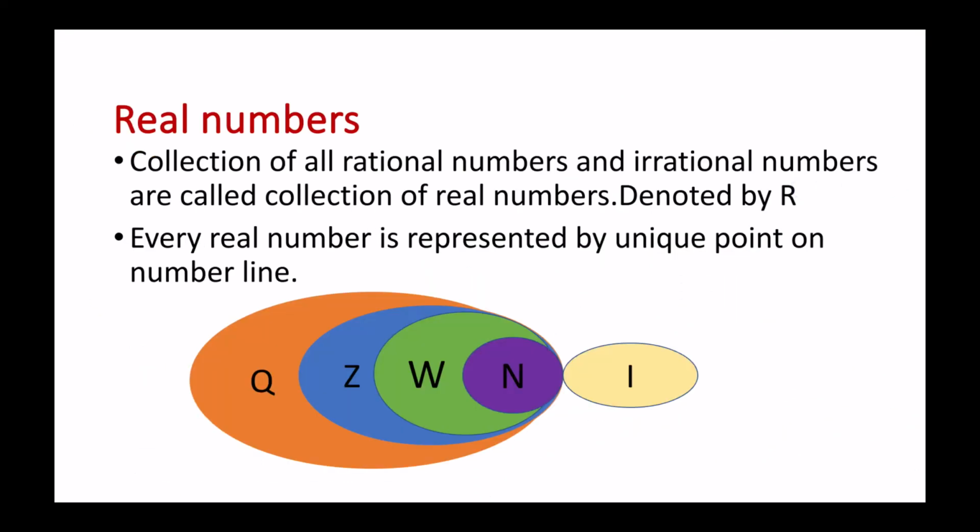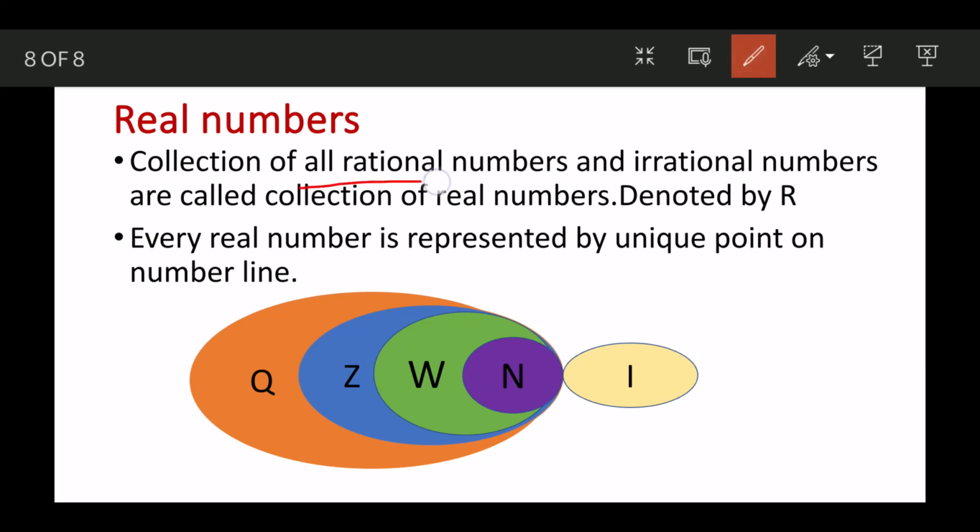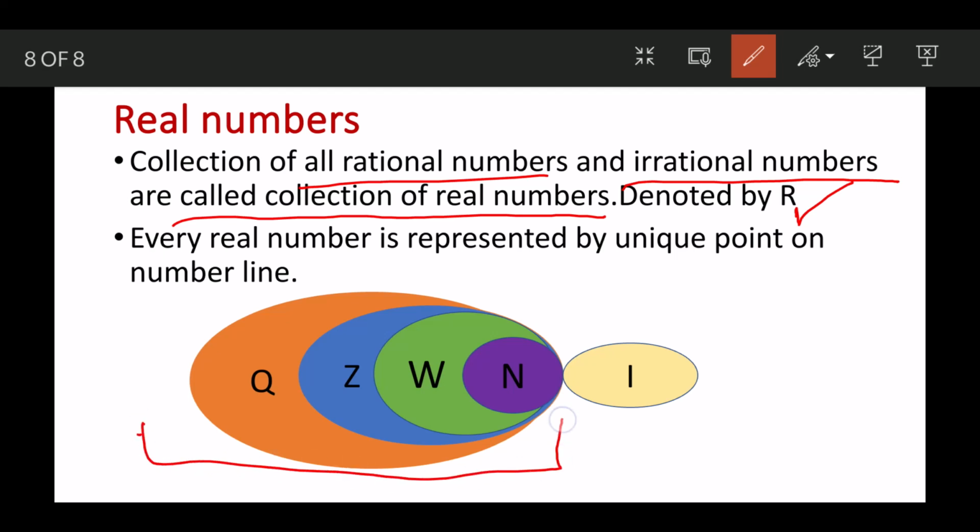The collection of all rational numbers and irrational numbers is called the collection of real numbers, and it is denoted by capital R. Here I have, you can see this image. These are rational numbers and these are irrational numbers. Now you can see rational numbers also contain integers, whole numbers, natural numbers.